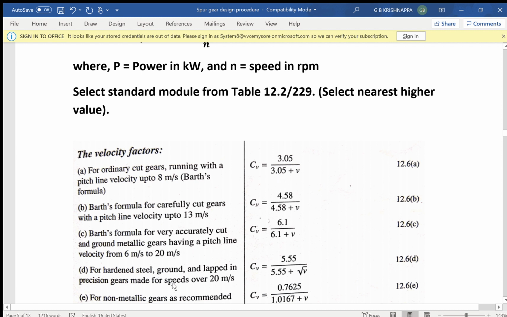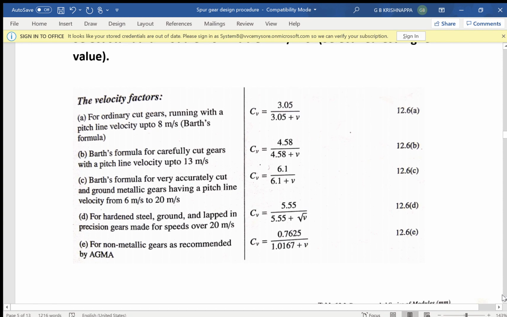Likewise, if velocity is up to 13 meters per second, you can use this, and from 6 to 20 meters per second you can use this, and if it is more than 20 meters per second you can use this equation for Cv.